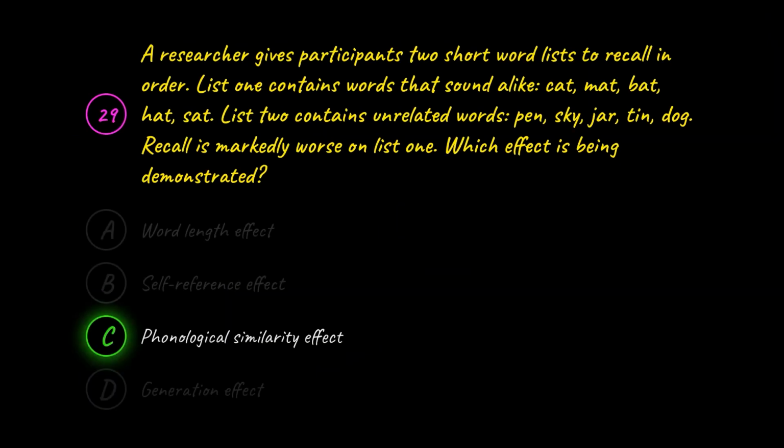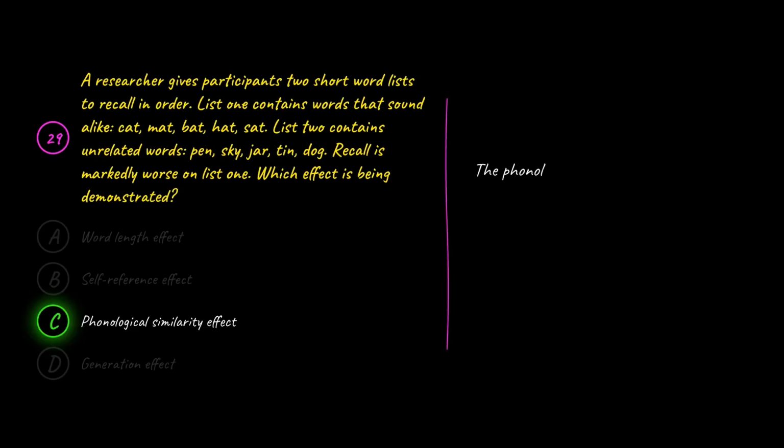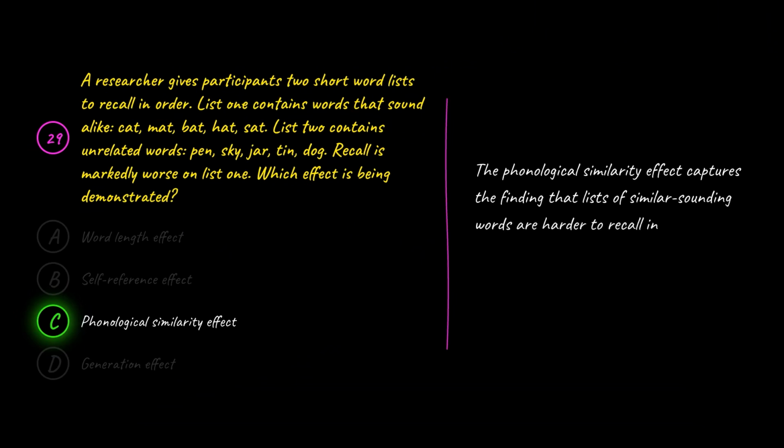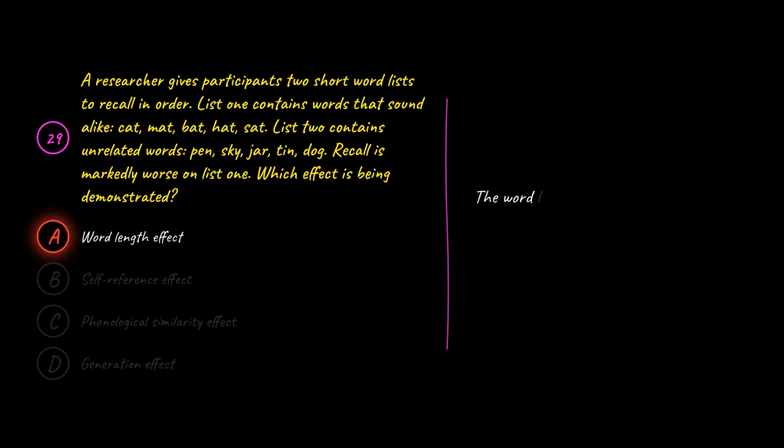The correct answer is C. Phonological similarity effect. C is correct because the phonological similarity effect captures the finding that lists of similar sounding words are harder to recall in order than lists of dissimilar sounding words. Evidence that the phonological loop encodes by sound. A is wrong because the word length effect concerns the difficulty of recalling longer rather than similarly sounding words.